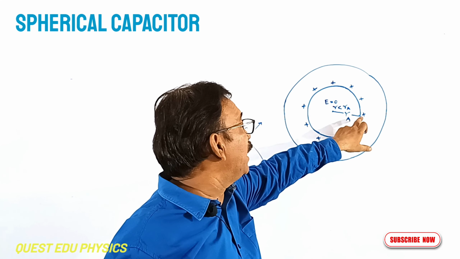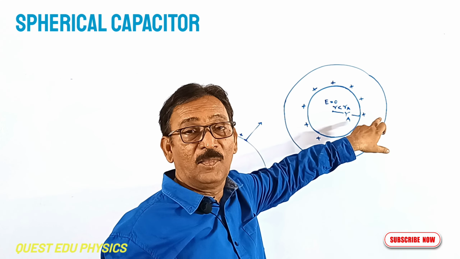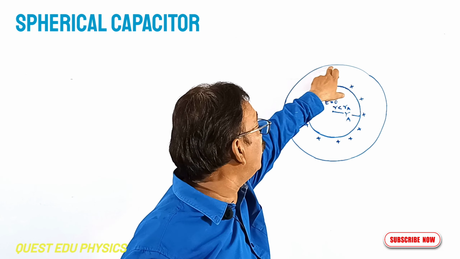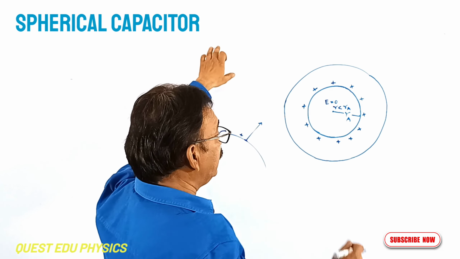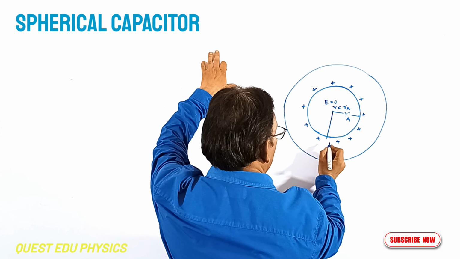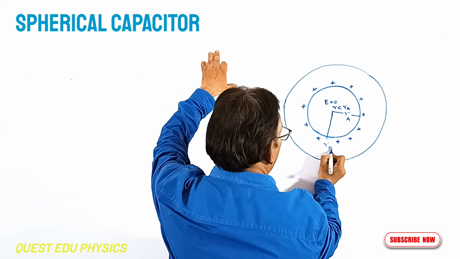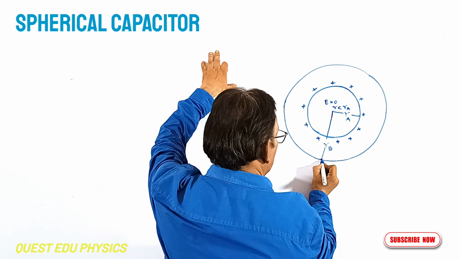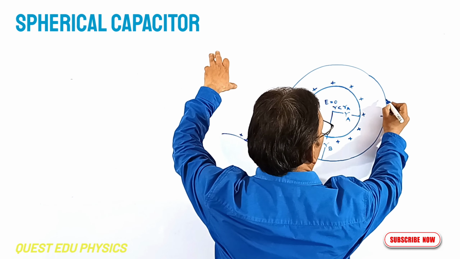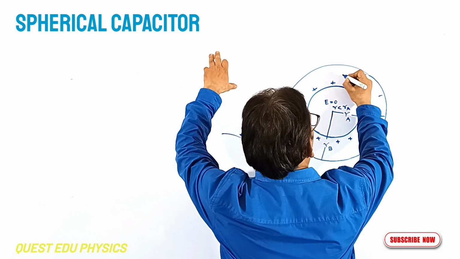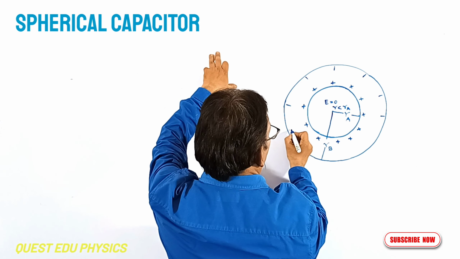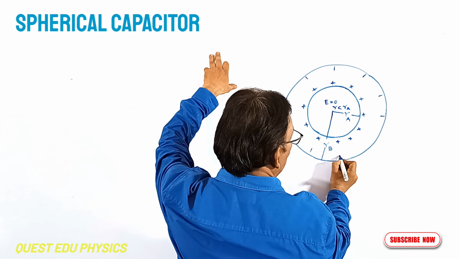Due to electrostatic induction, opposite charges will be created on the inner face of the second sphere, students. Let's say this inner sphere has a radius of RB. This is the radius of the inner sphere. And negative charges will be produced on the inner surface. Are you getting me, students?